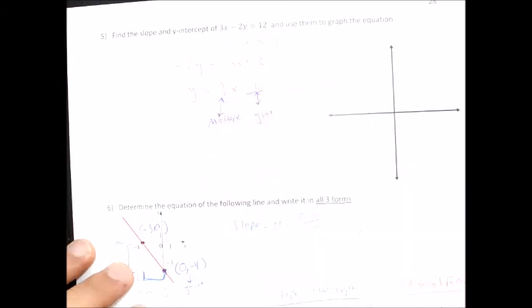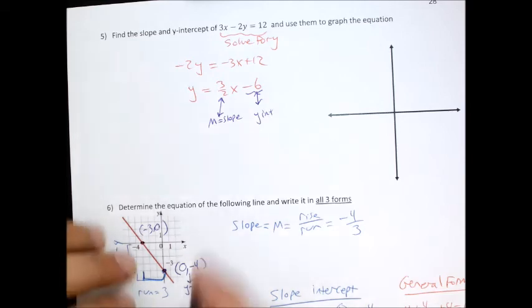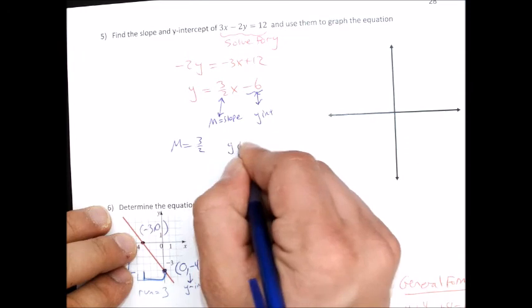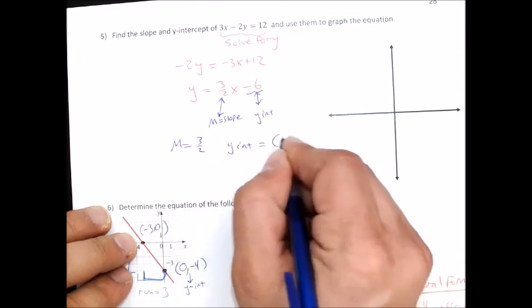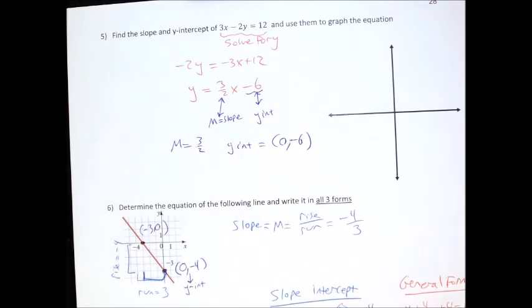It was real easy to pick those things off once we solve for y. And so our slope is 3/2. Our y-int is the point 0, negative 6. And let's use those two things to graph the equation.